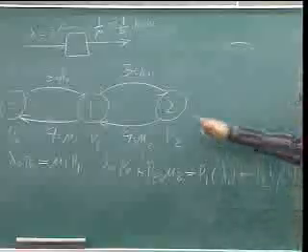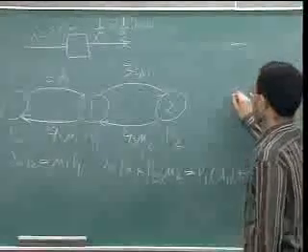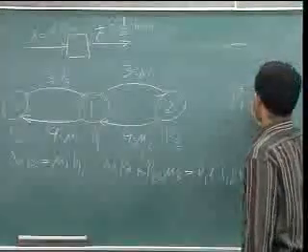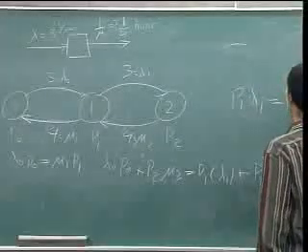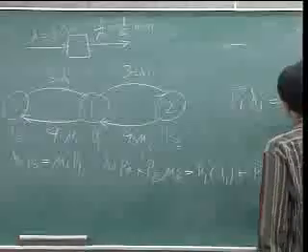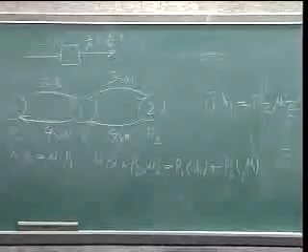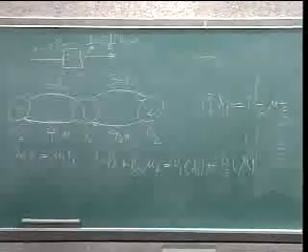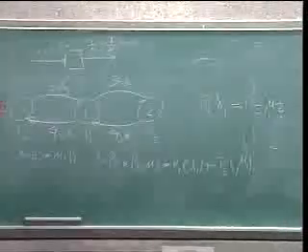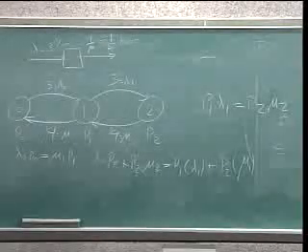The last equation would be for this line: P1 lambda 1 equals P2 mu2. So we have three equations and three unknowns. We solve it and find P0, P1, and P2.